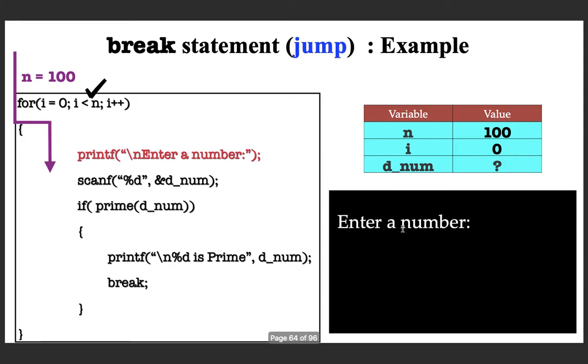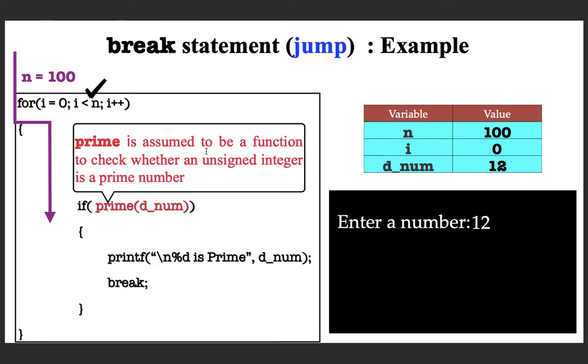The message is getting printed and proceeds to the next statement. It is an input statement, so the control has to stay there until the user gives a number. Now suppose the user gives 12 as the number. Then it proceeds to the next. So it's a condition checking. What is it? Prime is assumed to be a function to check whether an unsigned integer is prime or not.